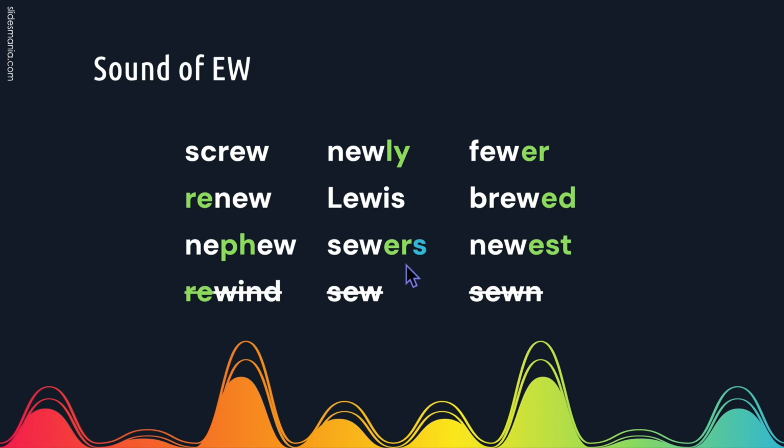This word has two suffixes, sewers, newest. Here are some words that have EW where it does not say oo. Here we have a prefix re, so that would not change the sound. So here we have rewind. This is the word so, and this is sown. But generally, EW will have the sound of oo or sometimes u.